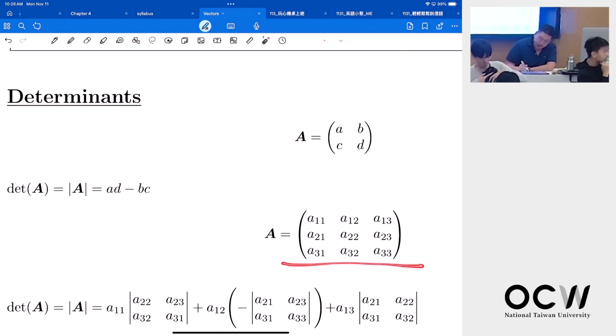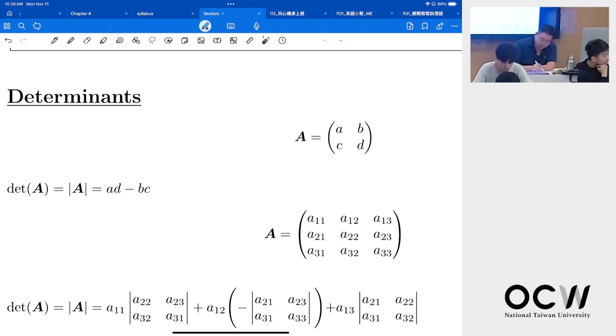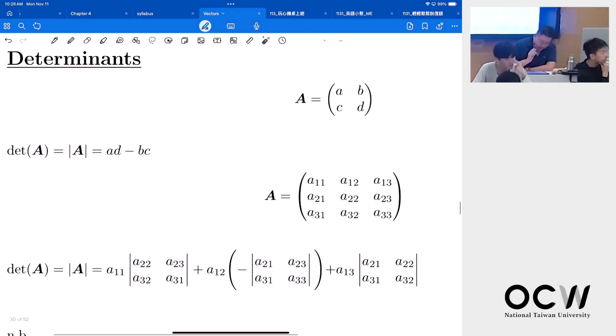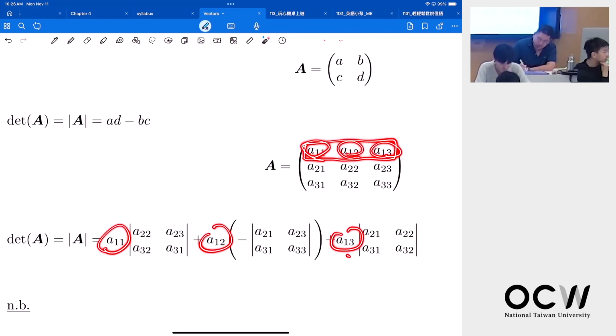If it is 3 by 3 or n by n, then I need to reduce it to 2 by 2, because we know the definition for 2 by 2, that will be AD minus BC. So if I have a 3 by 3 matrix, I will try to reduce that to 2 by 2. And how? Normally we can choose the first row. You can see my first 3 elements.